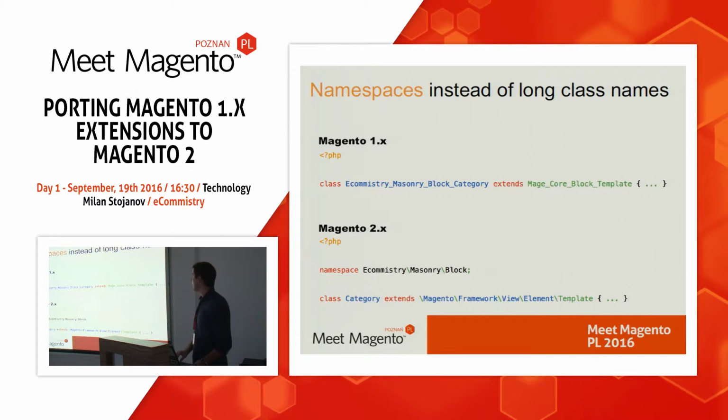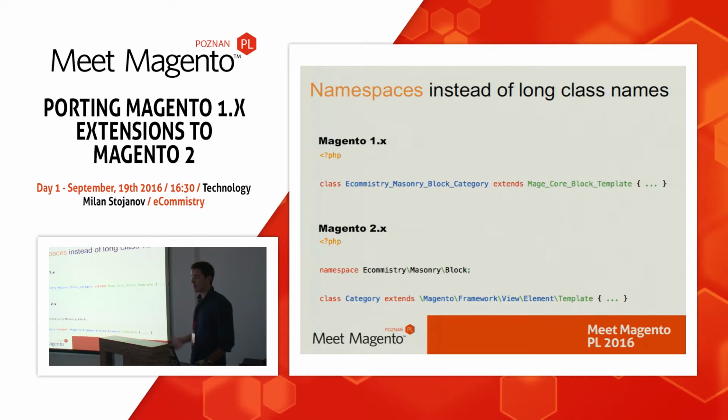Namespaces instead of long class names. So if you haven't been working with anything else beside Magento, this may be a new concept for you. But essentially, namespaces are a way of encapsulating classes.